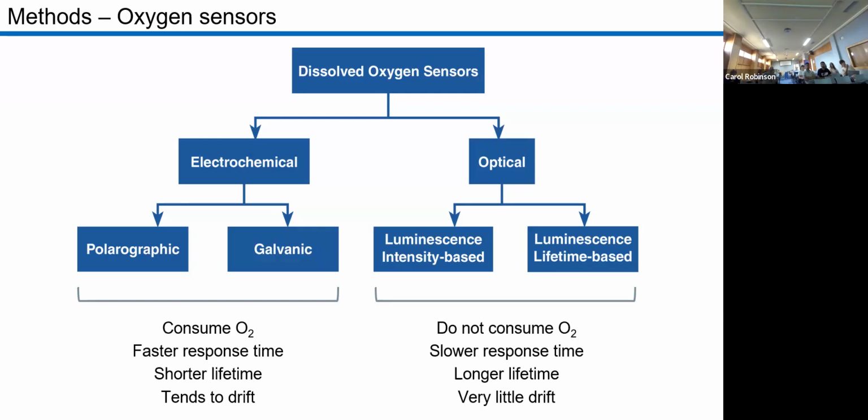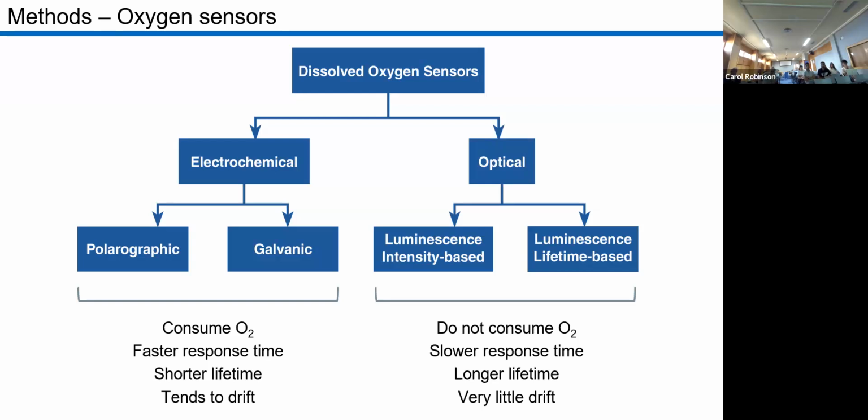So it's one of the main differences between these two techniques. The other difference is that electrochemical sensors tend to have a faster response time compared to optical sensors, but a shorter lifetime. And they tend to drift more than optical sensors, meaning that you will have to calibrate them more often.